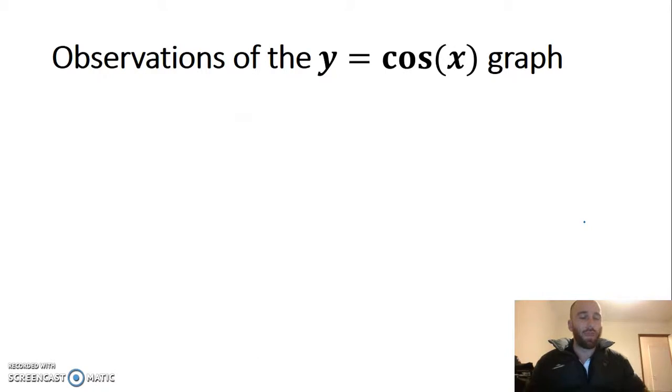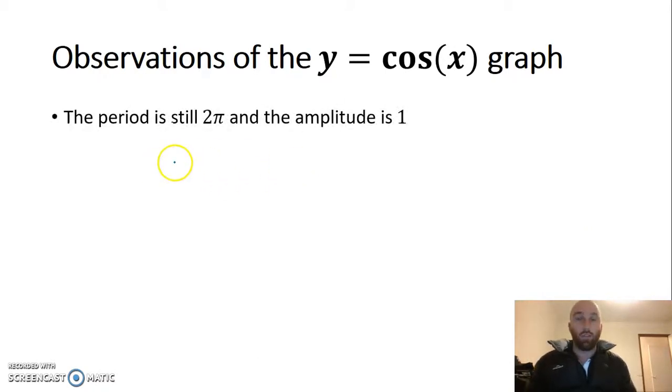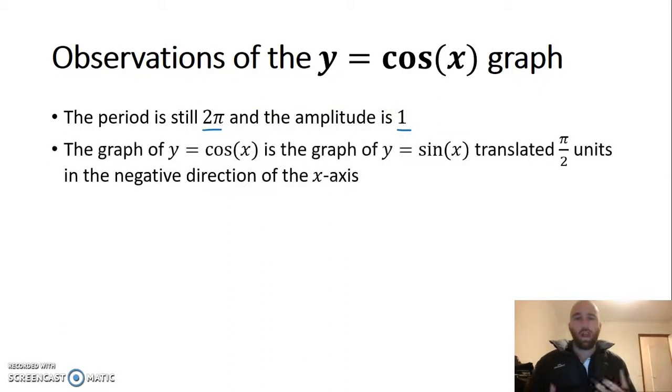So some observations. The period is still 2 pi, and the amplitude is 1. So exactly the same as our sine graph. That hasn't changed. What has changed is the graph of cos is the graph of sine, translated pi on 2 units in the negative direction. If I draw my graph here, I've got my sine graph. That's my sine of x.